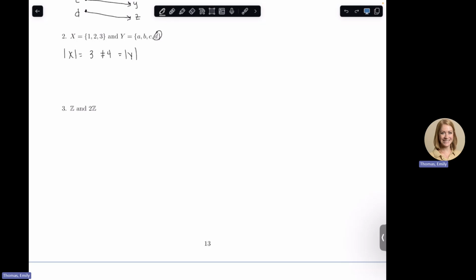Countably infinite means that you could, in theory, list them if you had no life and you had infinite time. Uncountably infinite would be that you can't list them all. There's no way to list them. And you're like, I don't know what we're saying, and that's okay.